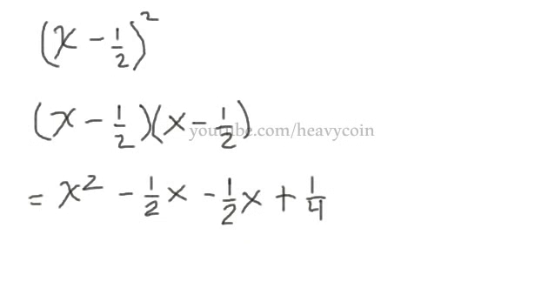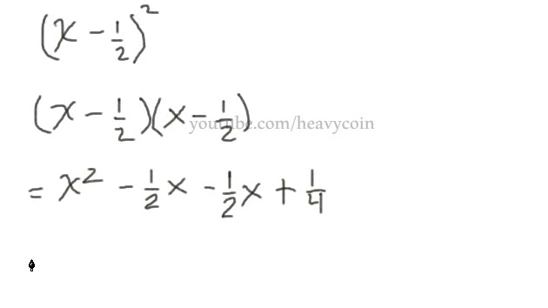So now we're going to rewrite x squared minus, so a half and a half is just going to be 1x, and then plus 1/4. Good enough.